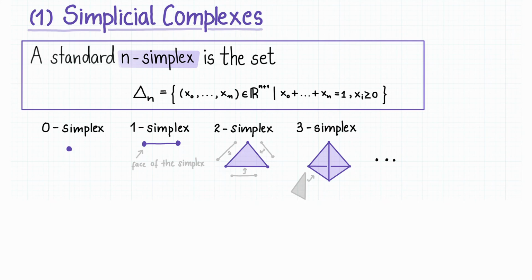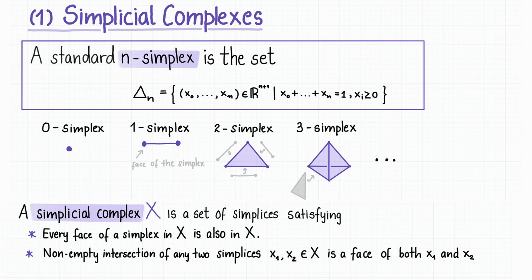So the definition goes this way: a simplicial complex is a set of simplices, a giant collection of simplices, such that every face of a simplex in the collection is also part of the collection, and any non-empty intersection of 2 simplices is a face of both of those simplices.